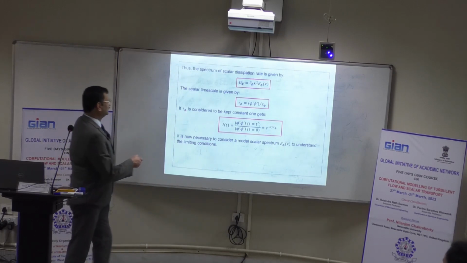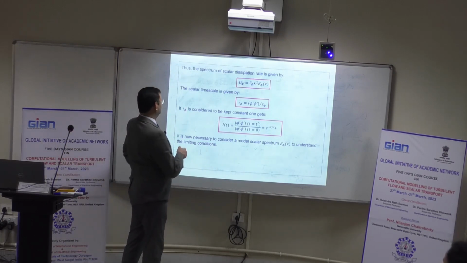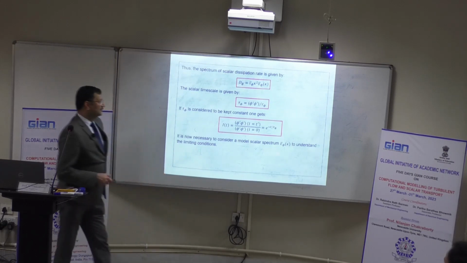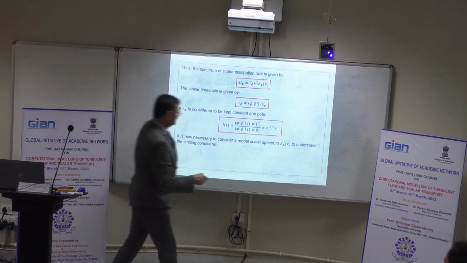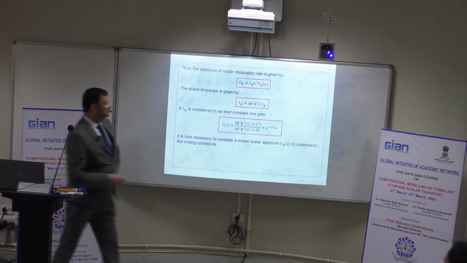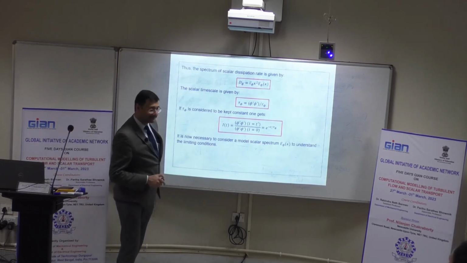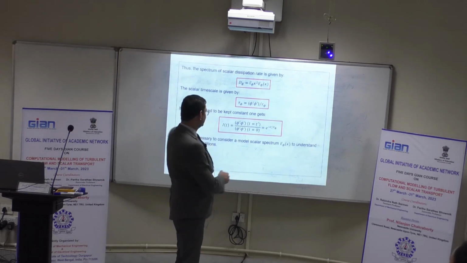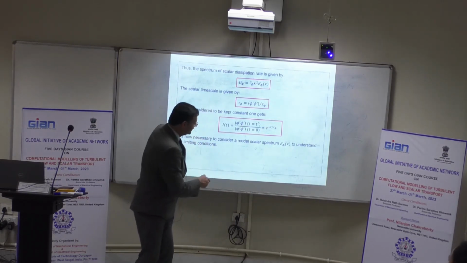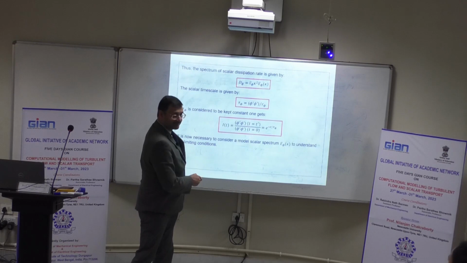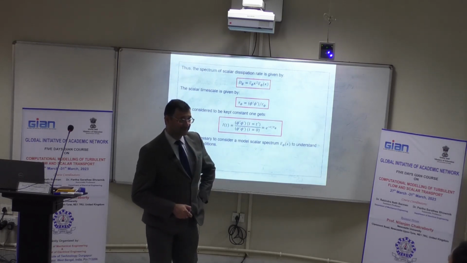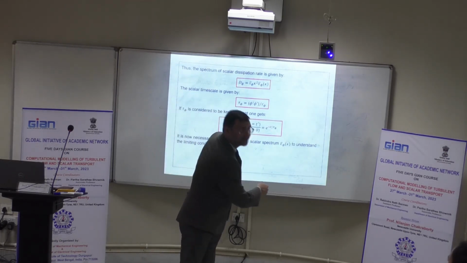If we consider this to be constant, then one gets this relation, but obviously it is subject to this assumption, which may not be valid. But we can see how the scalar variance under homogeneous isotropic turbulence essentially drops like this.